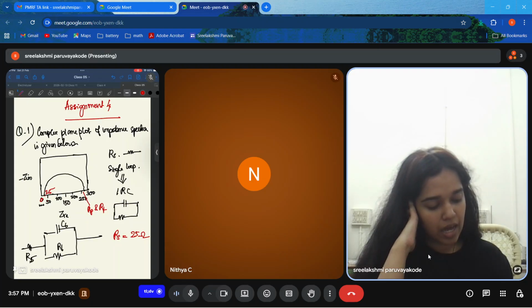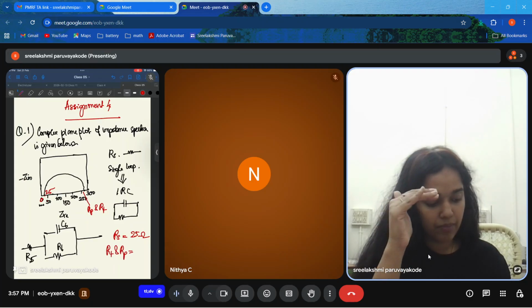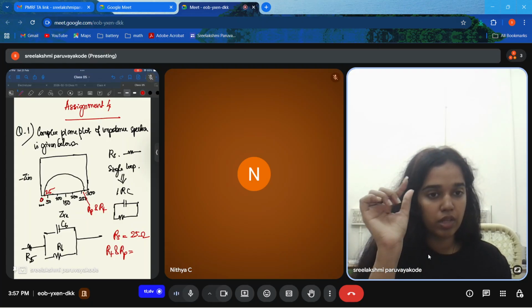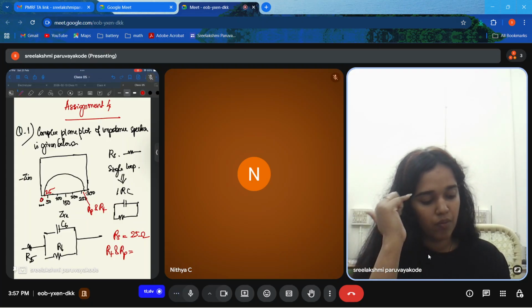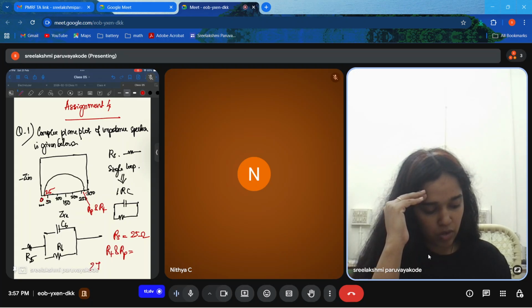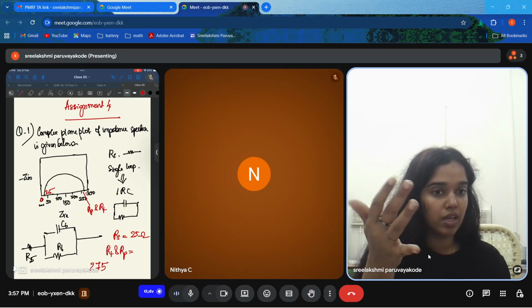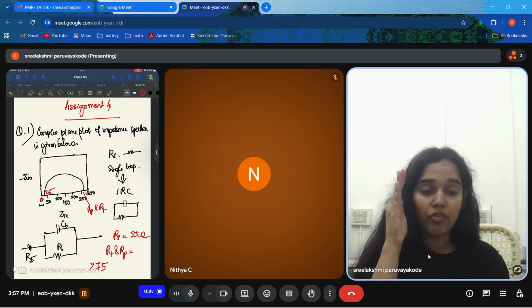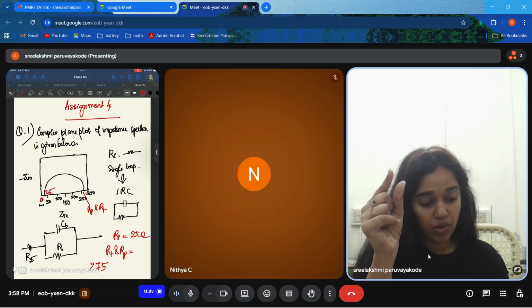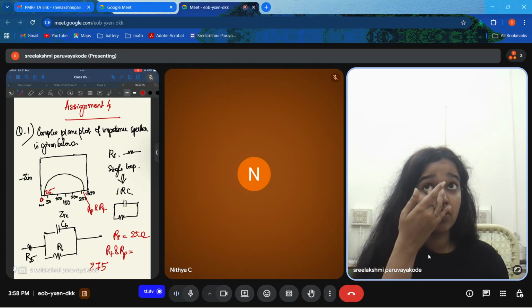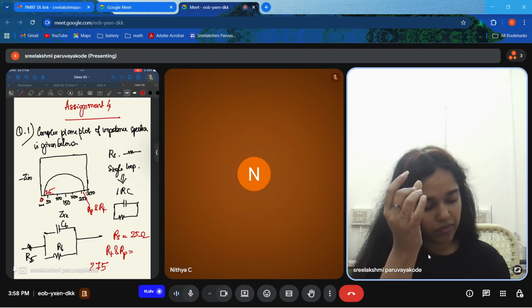Now what about RT and RP? Because of a single loop, RT and RP value are same. The end value is between 250 and 300. Let me say it is 275. But is the value 275 alone? No. Why? Because it's not starting from the origin. It is a little away from the origin. How much away? 25 ohms.